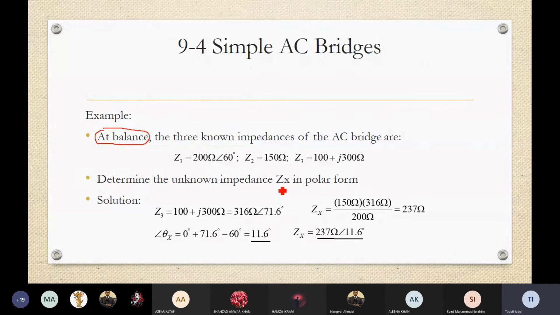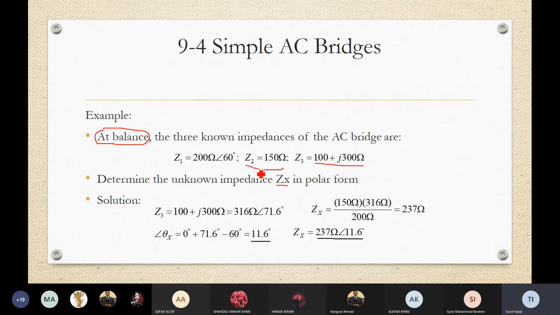Now we can find out the value of Zx in polar form. First, we have to convert the values into polar form, and then we will have magnitudes and phase for all impedances.